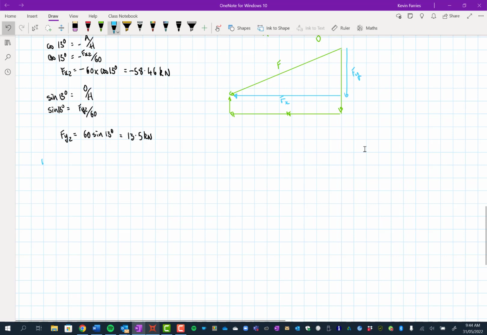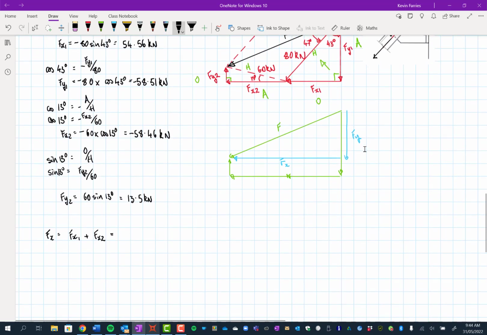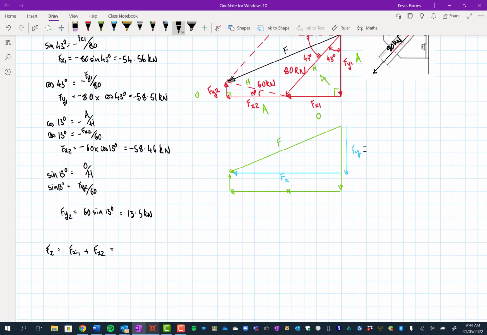So Fx is equal to Fx1 plus Fx2, which is equal to, just missed out one negative in there, negative 54.56, negative 58.46.